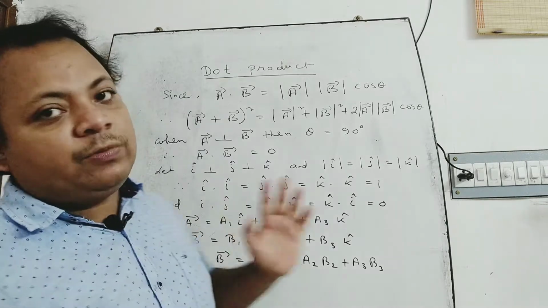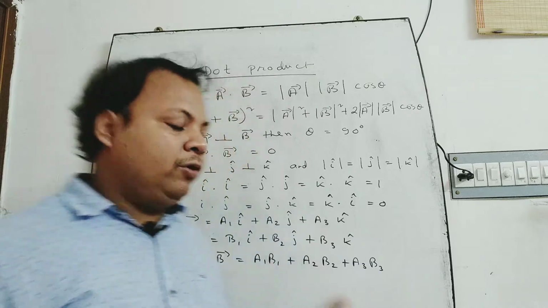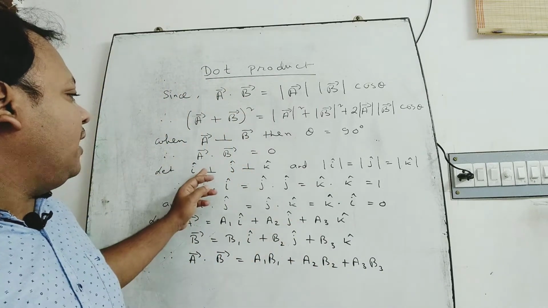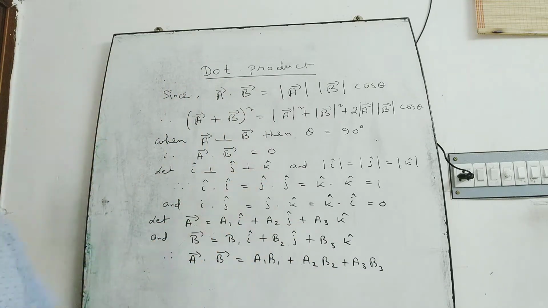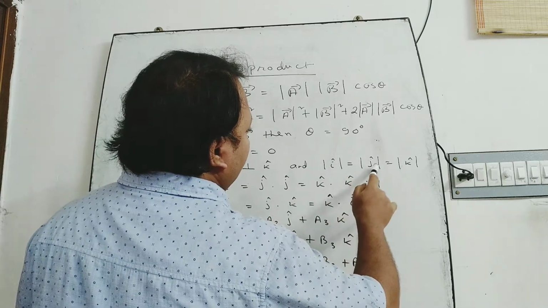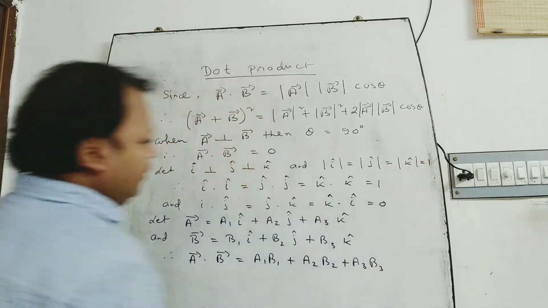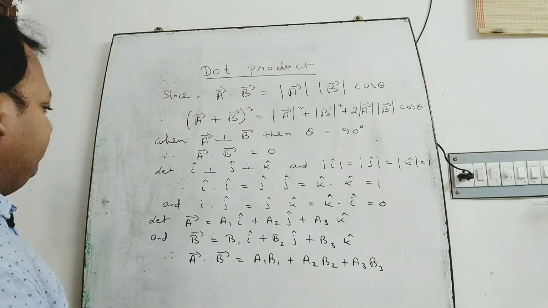Let i cap, j cap and k cap be three mutually perpendicular unit vectors. That is, i cap is perpendicular to j cap, which is perpendicular to k cap, and mod of i cap is equal to mod of j cap is equal to mod of k cap is equal to 1, since they are unit vectors.